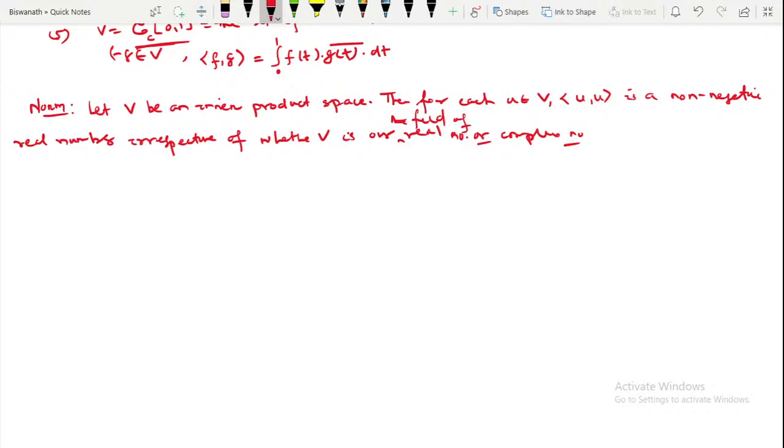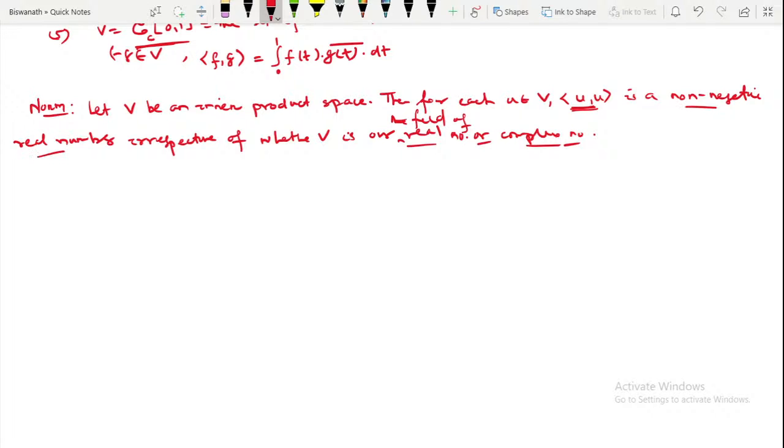That means whatever the field, that does not matter. You can say the inner product of u with itself is always a non-negative real number.